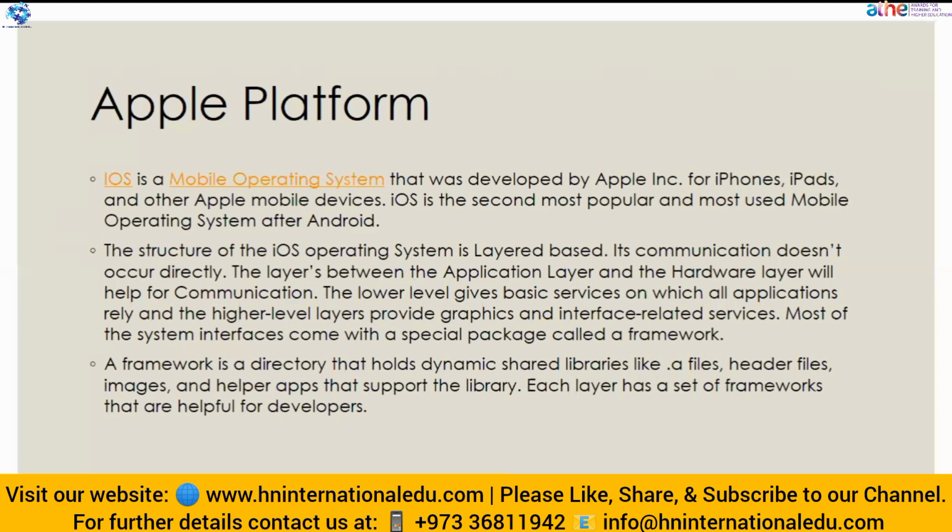It includes iPhones, iPads, and other Apple mobile devices, and it is the second most popular platform used by users. First is Android, which most people use, and in second place Apple mobile phones are used.